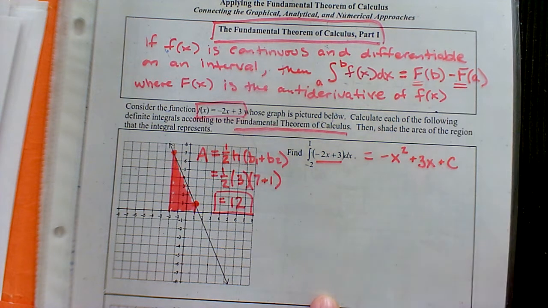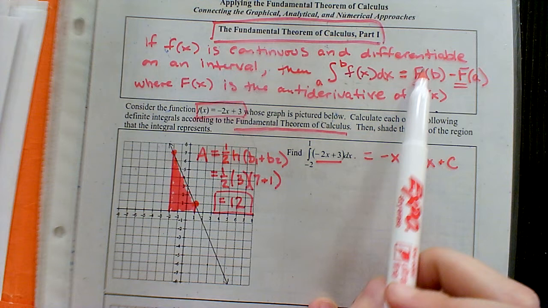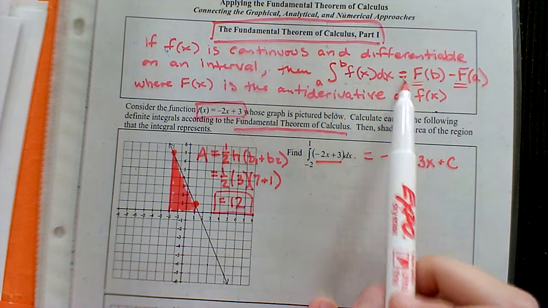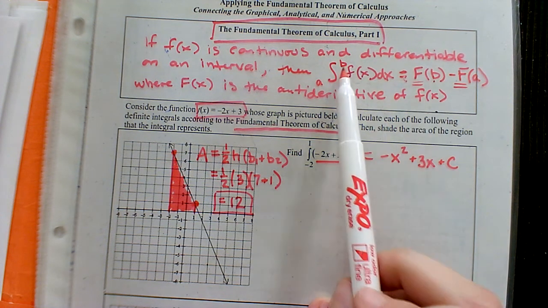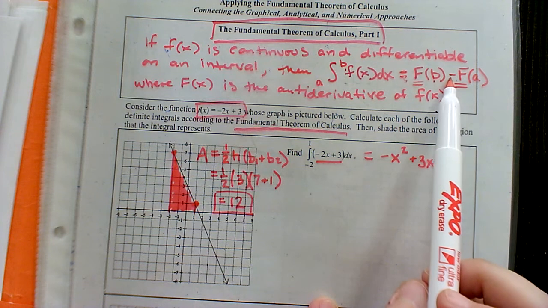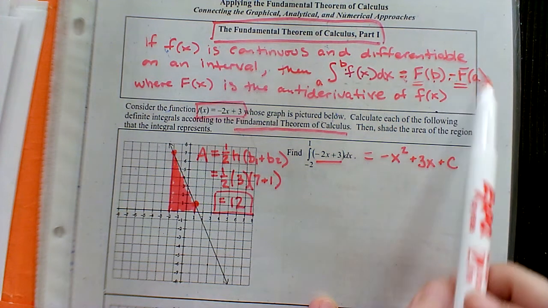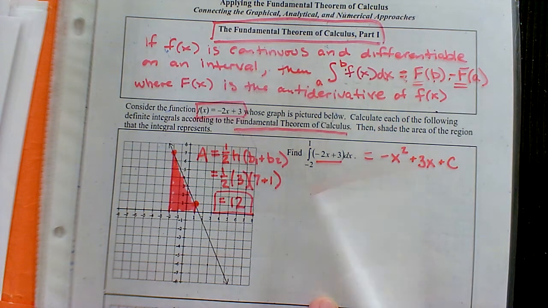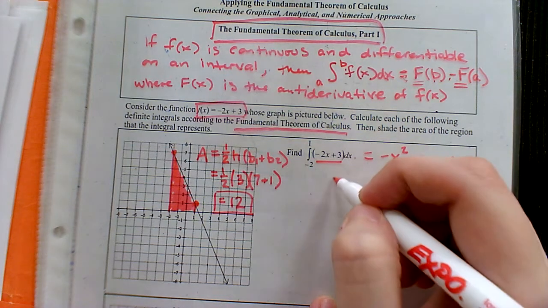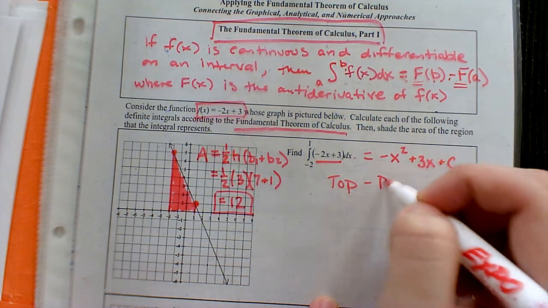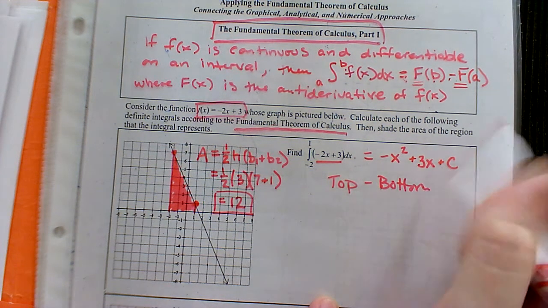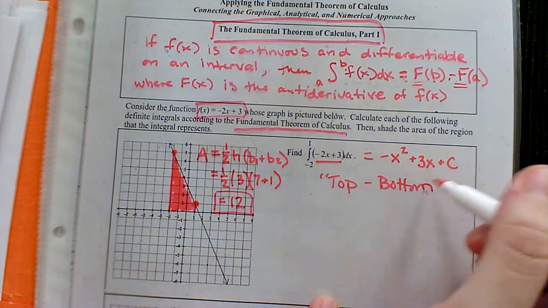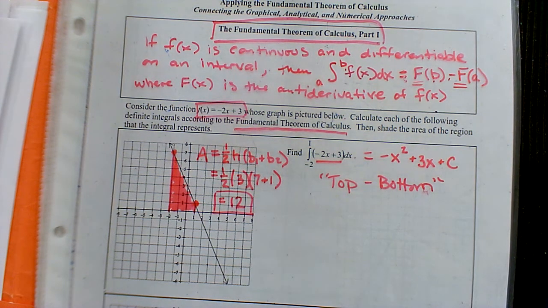We found what the antiderivative was, but notice we have to evaluate the antiderivative at b, which represents the upper bound, and we need to subtract evaluating the antiderivative at a, which is that lower bound. What I want you to remember is top minus bottom. At least this is how I remember it. After you find the antiderivative, we plug in the top bound from the integral, and we subtract plugging in the bottom bound.